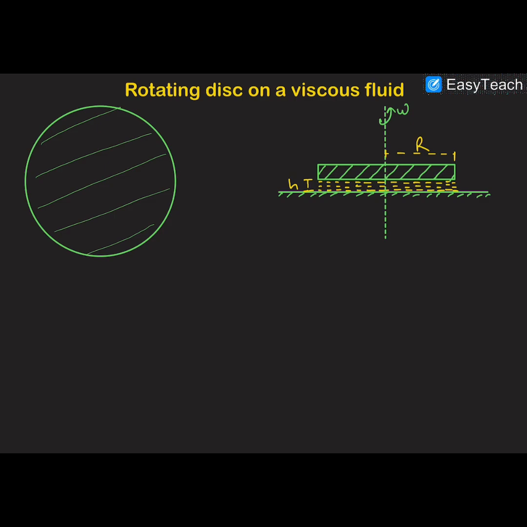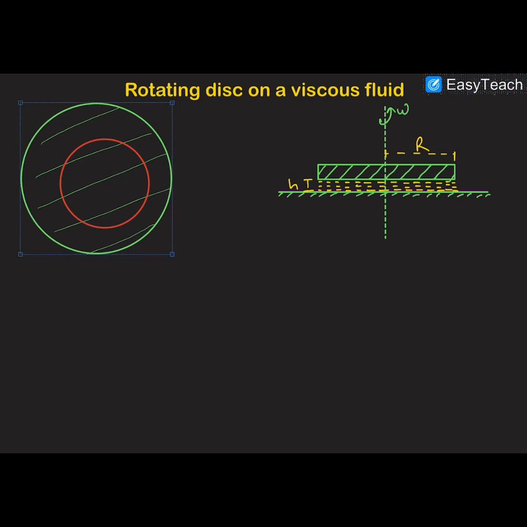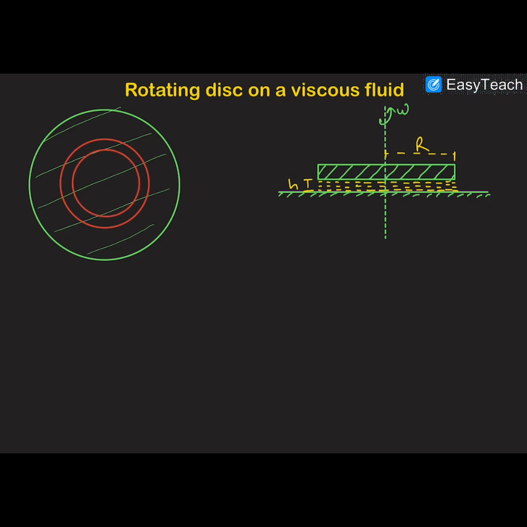To find that torque, let us first imagine an element. Let us assume a small ring, whose width is dx and whose radius is x.